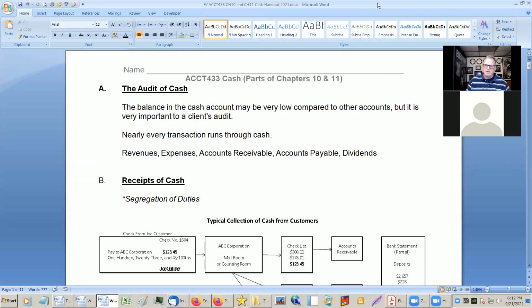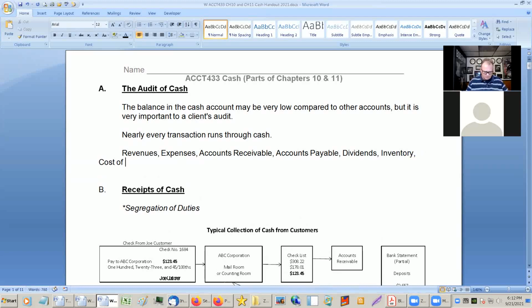It's always hard to find an account that doesn't run through those things. And through accounts receivable and accounts payable, you run into the inventory accounts, cost of goods sold calculations. All that stuff runs through there.